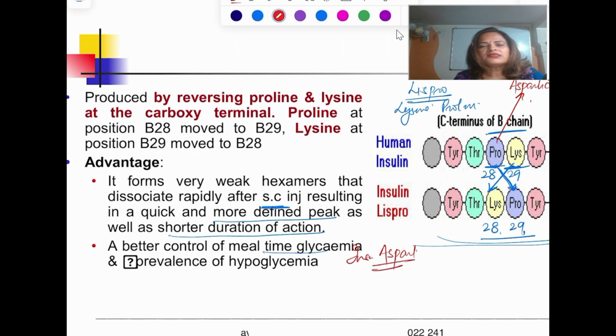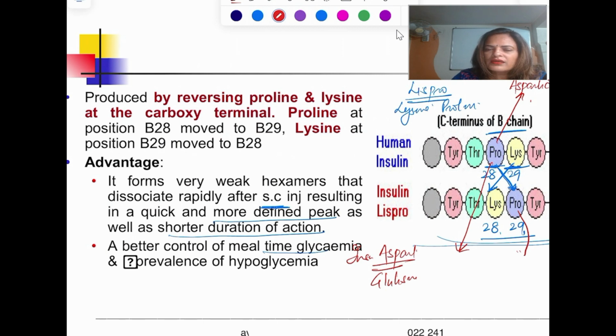With that, again the same thing: weak hexamers are formed, and this makes it rapid acting. Then the next one is insulin glulisine. Here, in place of proline, we have added glutamic acid. So again the same thing. So 3 insulins: Lispro, aspart and glulisine.